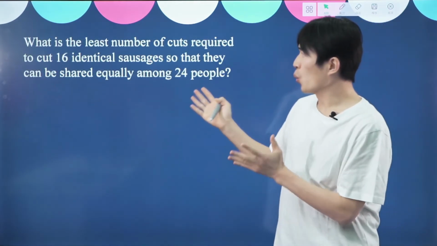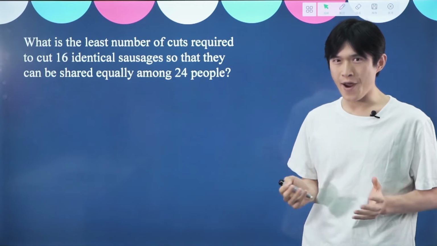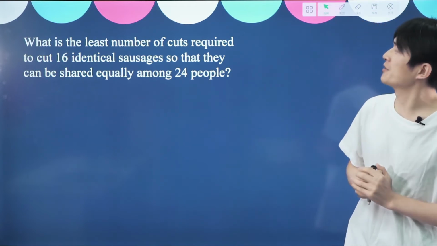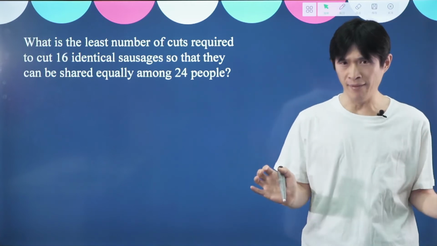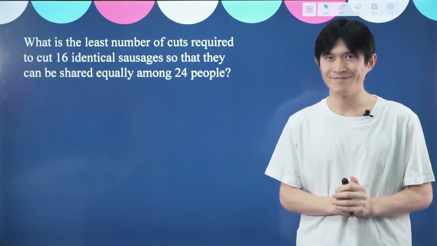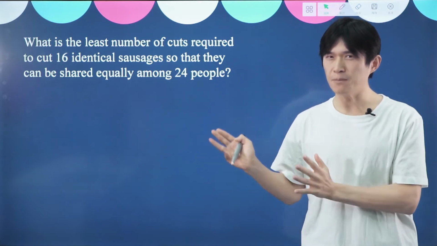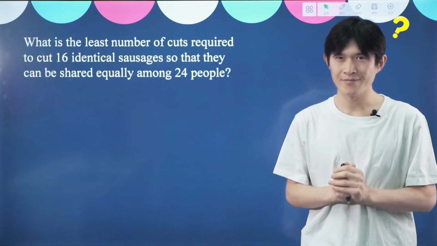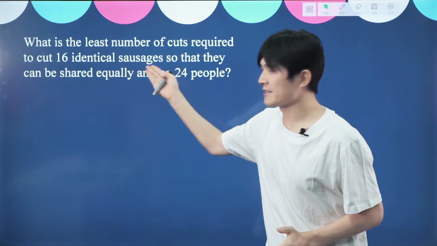Next, what is the least number of cuts required to cut 16 identical sausages so that they can be shared equally among 24 people? Okay, so you are asked to find the minimum value. How do you solve this problem? So first, you notice that we have 16 sausages.